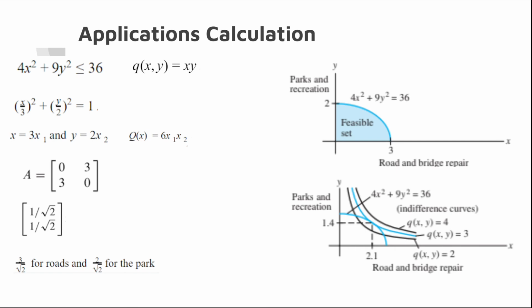But nevertheless, we can see that 3 is the largest eigenvalue. Therefore, we'll need to find the eigenvector associated with it. Again, through calculations, we can find that it's 1 over radical 2 comma 1 over radical 2. However, we left this in the variables x1 and x2, so we need to put this back into the original variables, which will give us 3 over radical 2 for the roads and 2 over radical 2 for the parks.